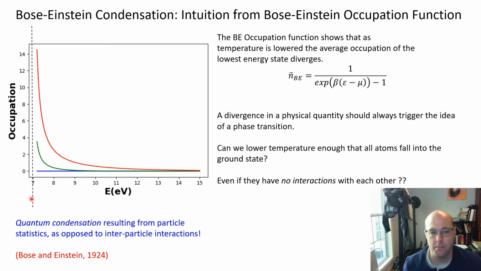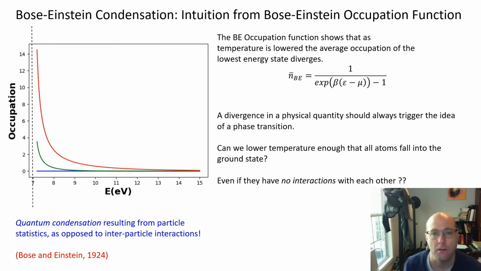In this case, I made the chemical potential 7 electron volts. And as we lower the temperature from red to green to blue, you push all the occupation towards lower and lower energies. On the blue curve, just because of plotting, you don't really see any occupation, because I made the step size small enough that you don't get close enough to the asymptote to actually see it. So this is a weird divergence, right?